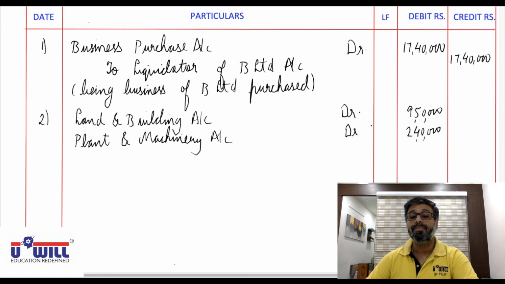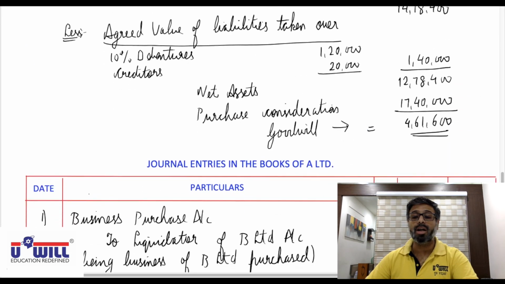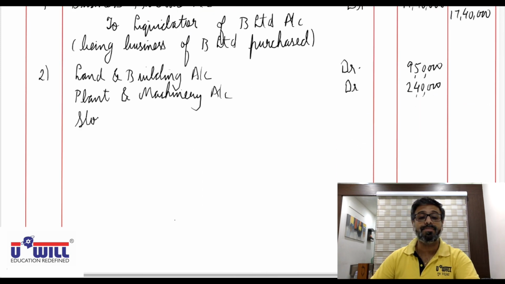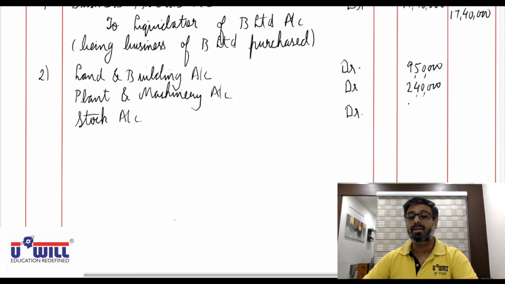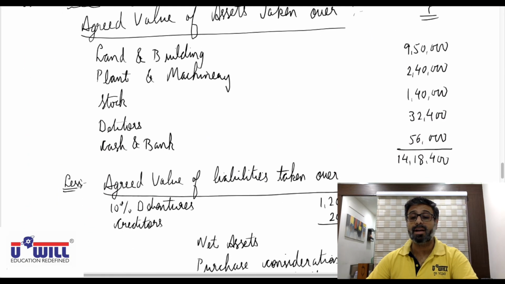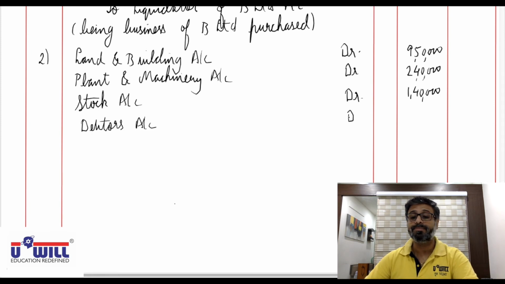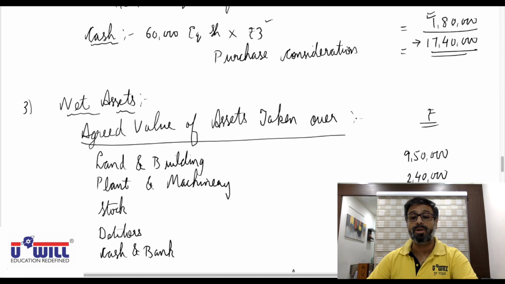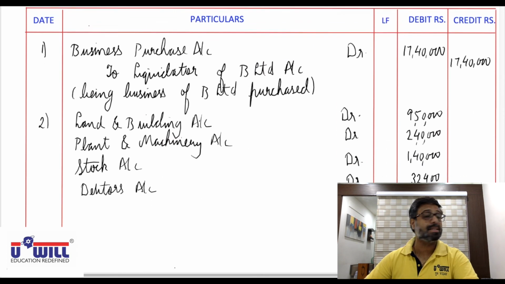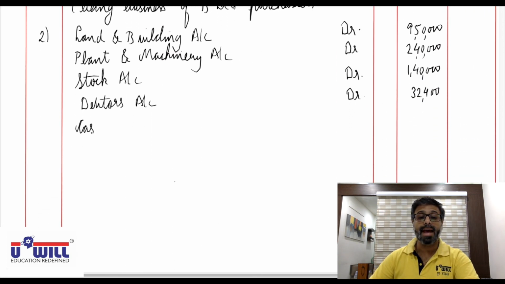Then after plant and machinery, stock account debit 1,40,000. Then after stock account debit, debtors account debit 32,400. Then after debtors account debit, cash and bank account debit 56,000.